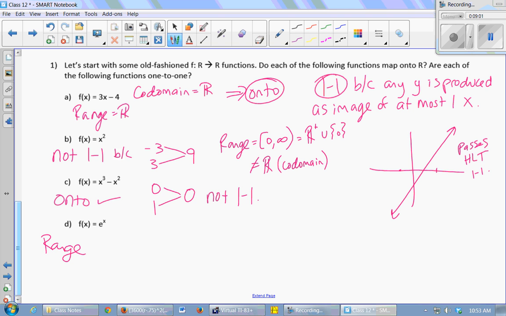So I can only produce positive reals by plugging into the function e to the x. That does not equal all reals, which is my codomain. So I can't produce every real number in the codomain. R plus means positive reals. So this is not onto.